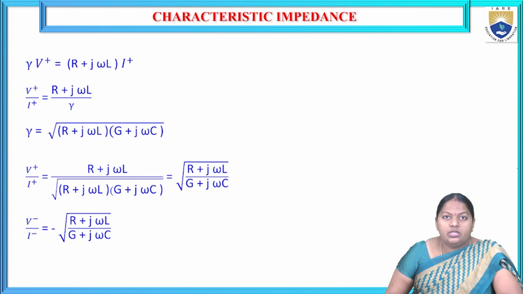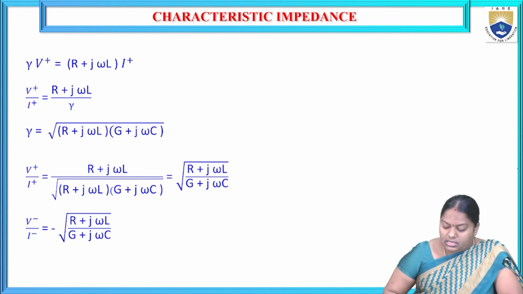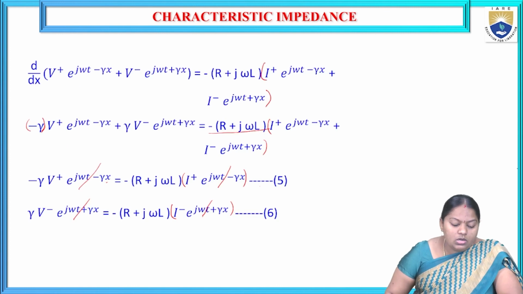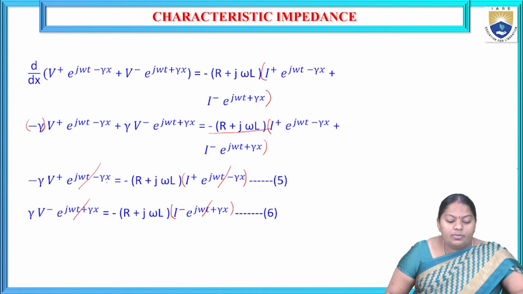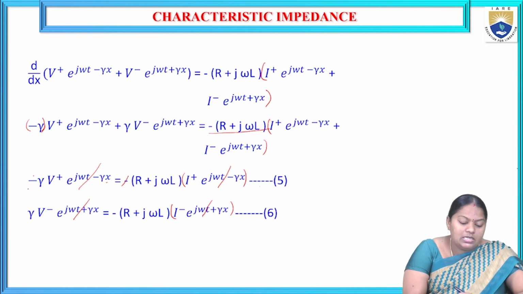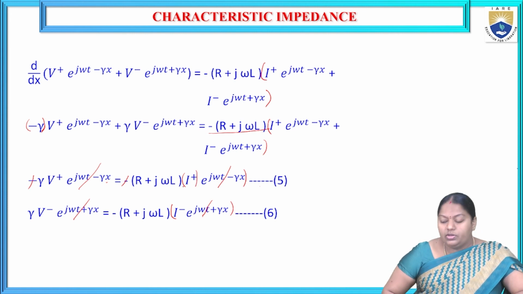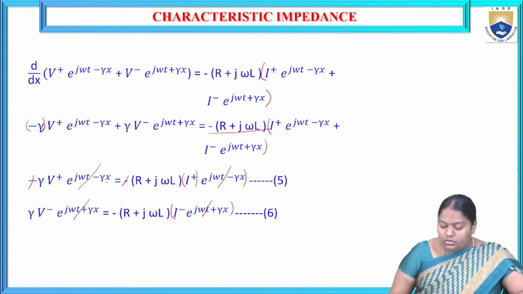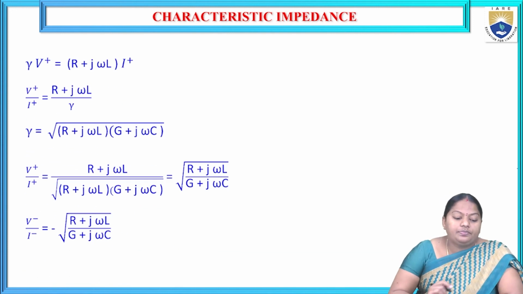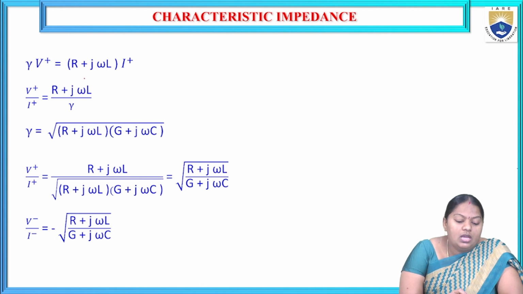From those relations, what is left out? Minus γ V plus, and the minus signs cancel. So γ V plus equals (R + jωL) into I plus.